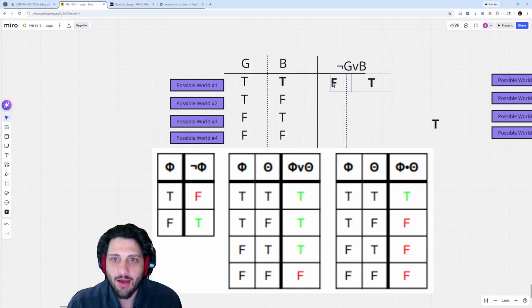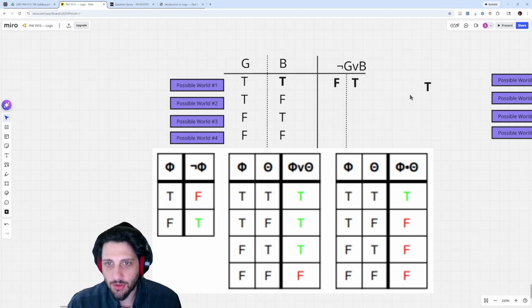You say, okay, I have an F on my left side, that's the not G. I have a true on my right side, that's the B. Because of that, F on my left and true on my right tells me that the or statement should be true. So that's why we put that right there. Okay, so that's all that's happening here.